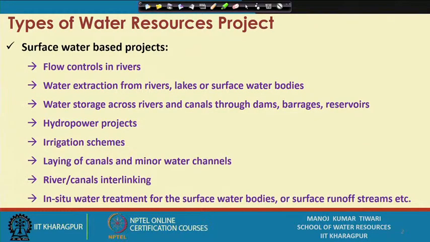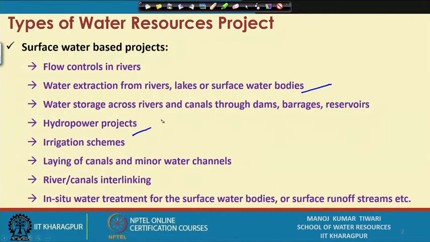Of course, there could be a few more inclusions, but this more or less compiles major water projects on surface water sources, like flow control in the rivers, then water extraction from rivers, lakes or surface water bodies, then water storage across rivers and canals through dams, barrages and reservoirs. So, how do those sorts of projects need to be evaluated.